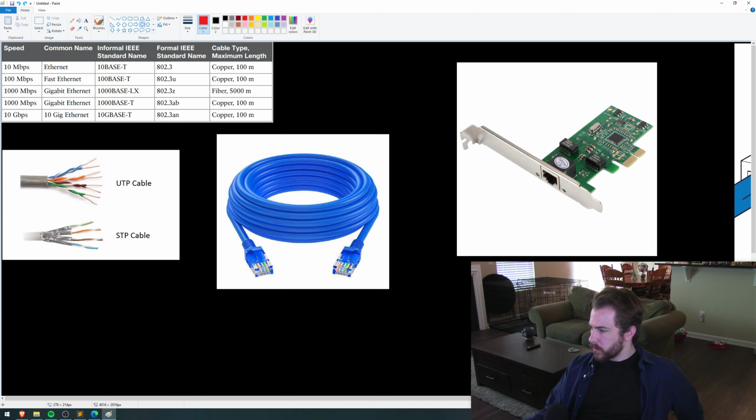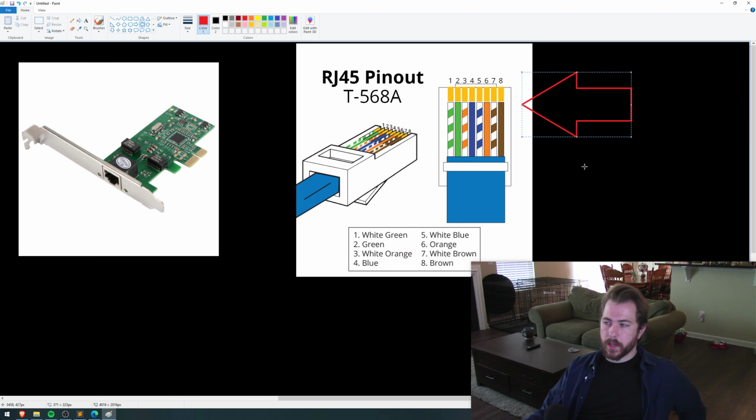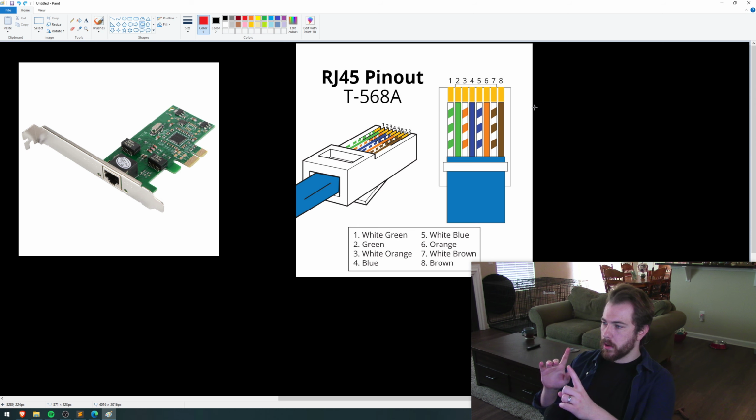Now, the other picture that I have over here is basically the wires. You can see that they're all individual wires. These wires will be used for different things, sending data, receiving data. They tend to be there so that you can have a good understanding of how data is flowing, and in which directions.